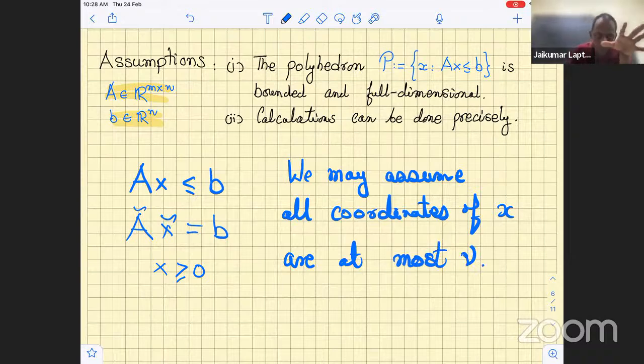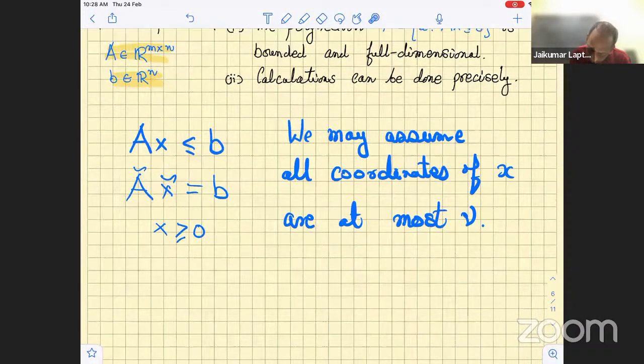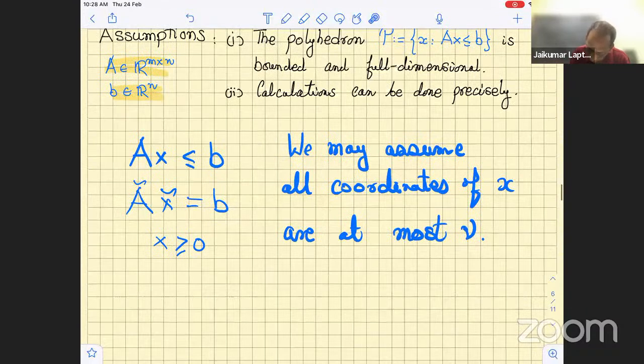If you did this calculation with determinants, etc., in the end, you will be able to conclude that there is a feasible solution here, all of whose coordinates are bounded by this number. So what you do is you just take this system of inequalities and add more inequalities like these. When I say at most nu, I mean at most nu in absolute value, of course.